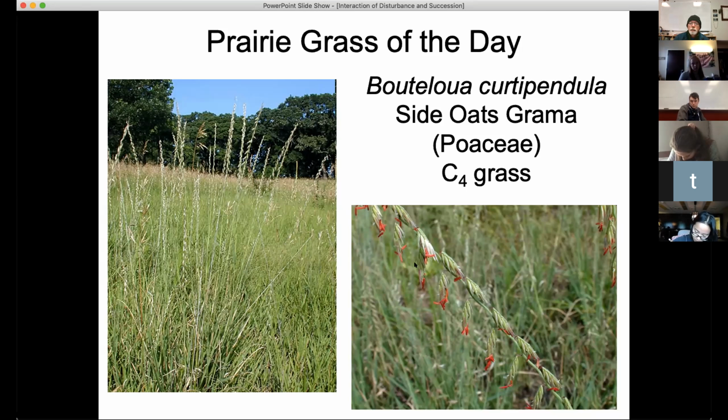Here you can actually see these red pieces are the anthers. One of the things about grasses is they produce a reduced flower, a flower that doesn't have all of the floral parts in it. I guess this is called incomplete, right, Nathan?